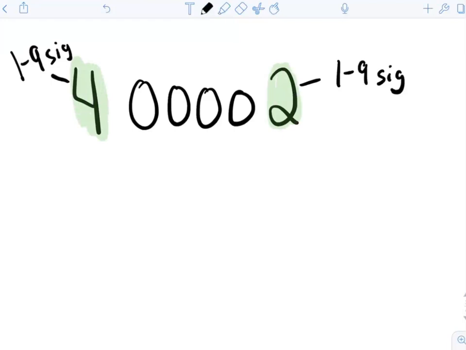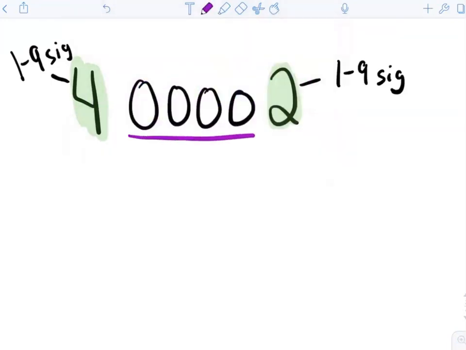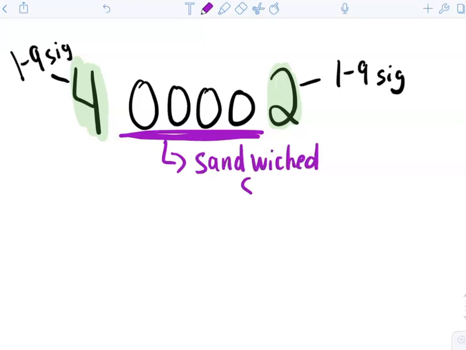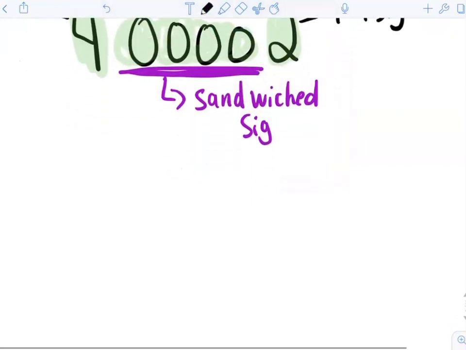Now, all of these zeros right here, they are all falling between two 1 through 9 numbers. So they are all sandwiched, and they are all significant. So that means overall, we're going to have 6 sig figs total.